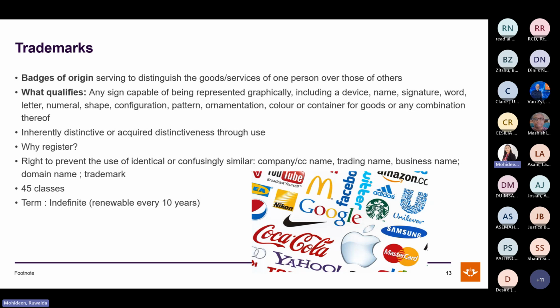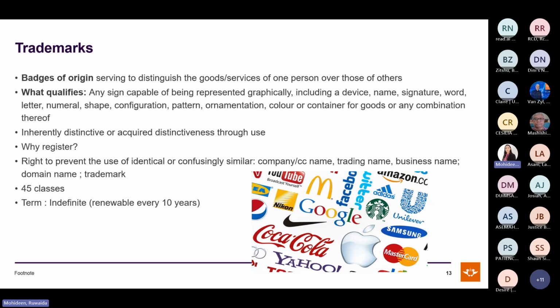So the company that does that is infringing on Coca-Cola's trademark because they confused you. It looks so similar to the Coca-Cola logo, but it's not. So Coca-Cola can then go take up proceedings against that company.